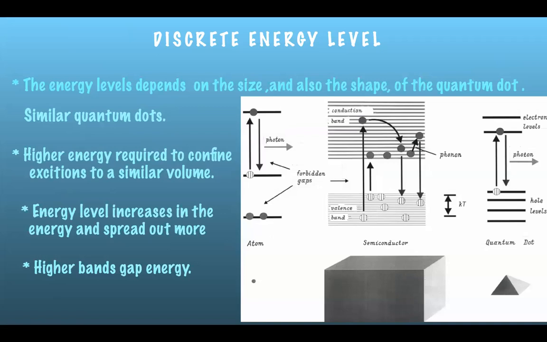The higher the band gap, the higher the energies. So you can see the picture over there. In that you can see the conduction band, valence band, semiconductor, quantum dot, hole levels, photon, and electron levels.